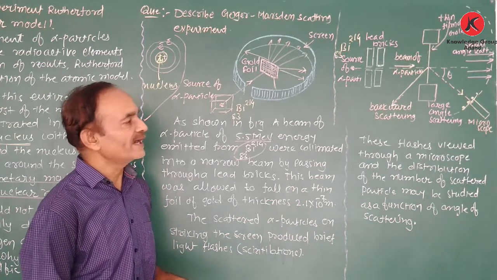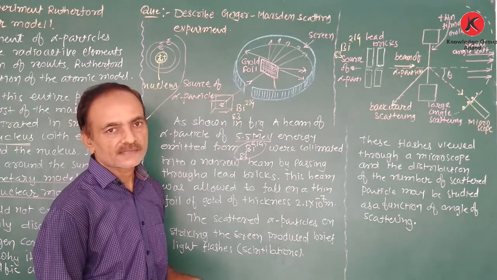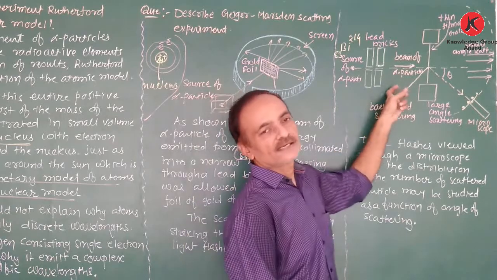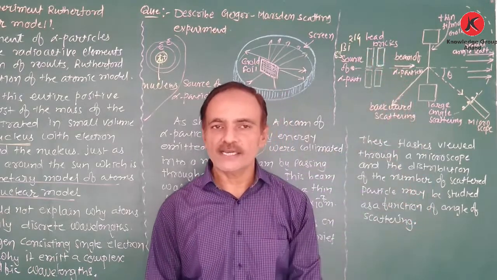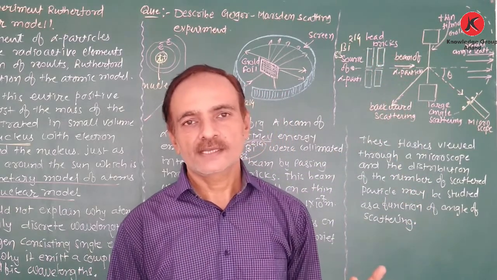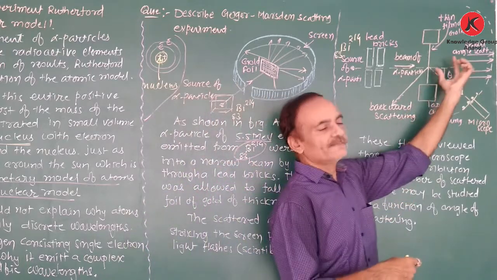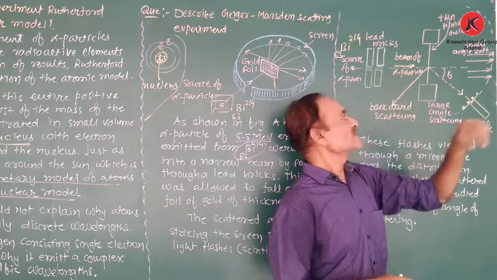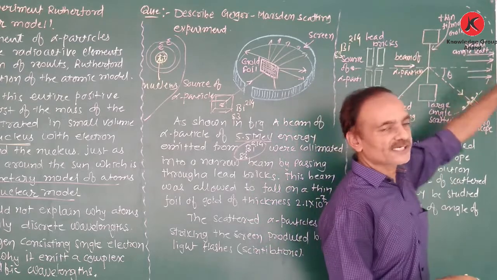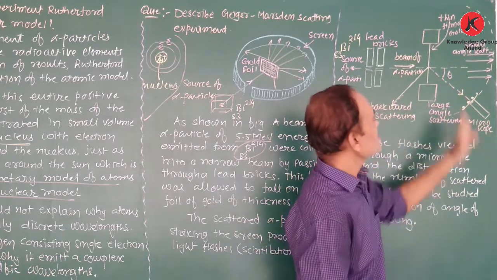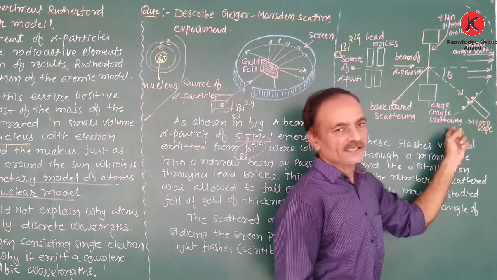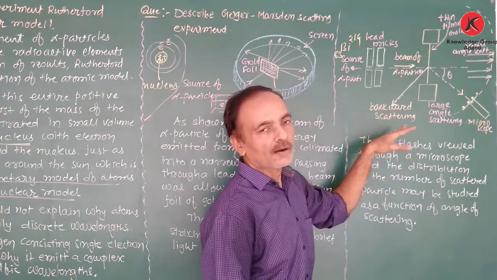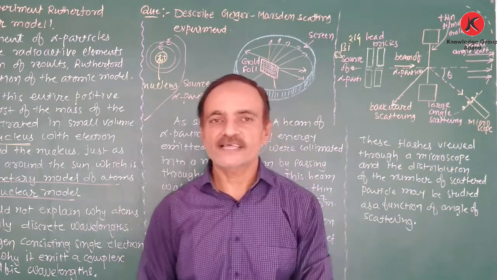× 10⁻⁷ meter. After the alpha particles strike the gold foil, they are scattered at different angles. Some of the alpha particles are scattered at a small angle, some at a large angle of scattering, and some in the back direction.